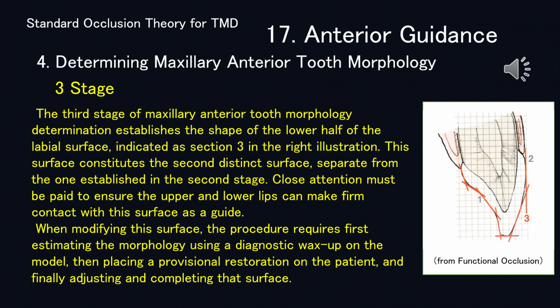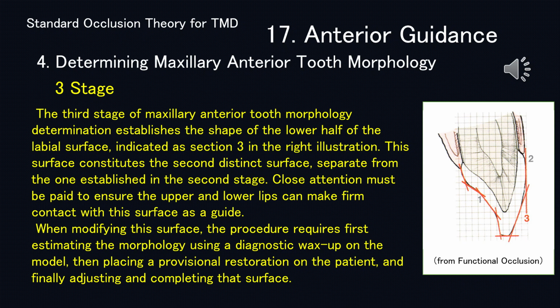Third stage. The third stage of maxillary anterior tooth morphology determination establishes the shape of the lower half of the labial surface, indicated as section 3 in the right illustration. This surface constitutes the second distinct surface, separate from the one established in the second stage.